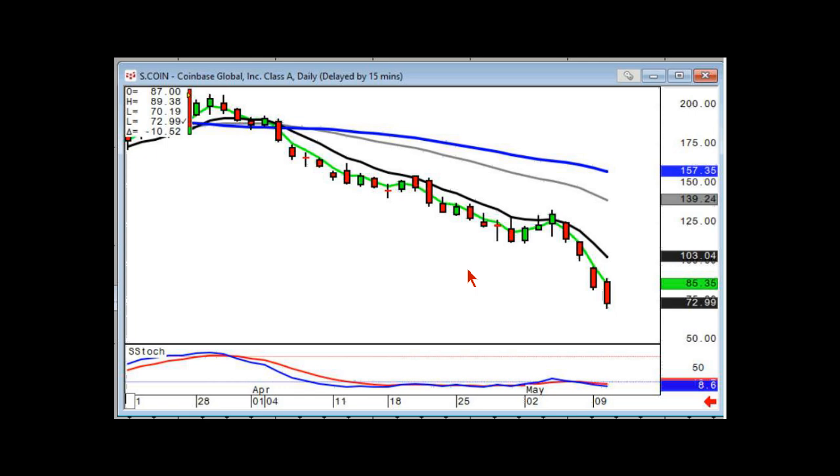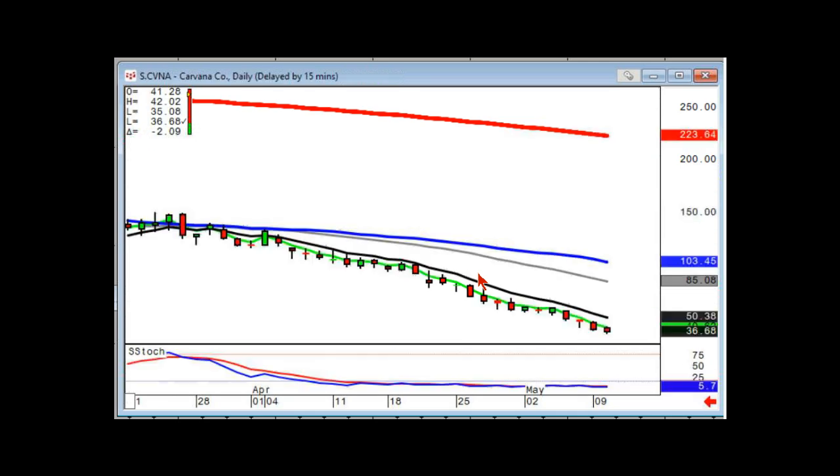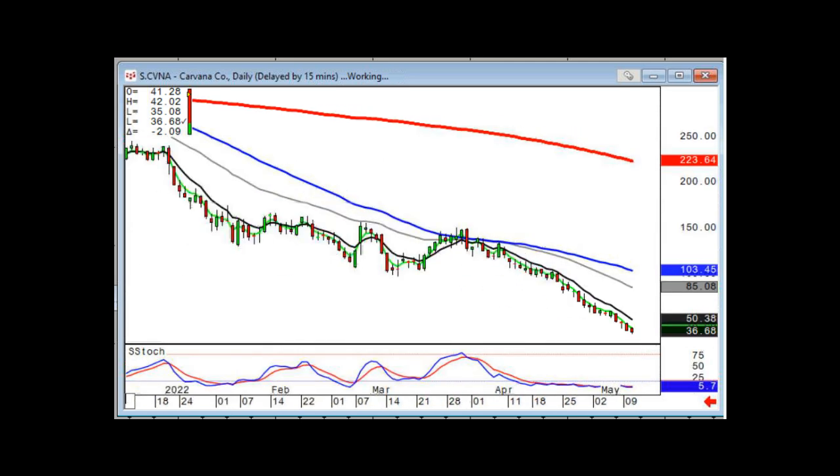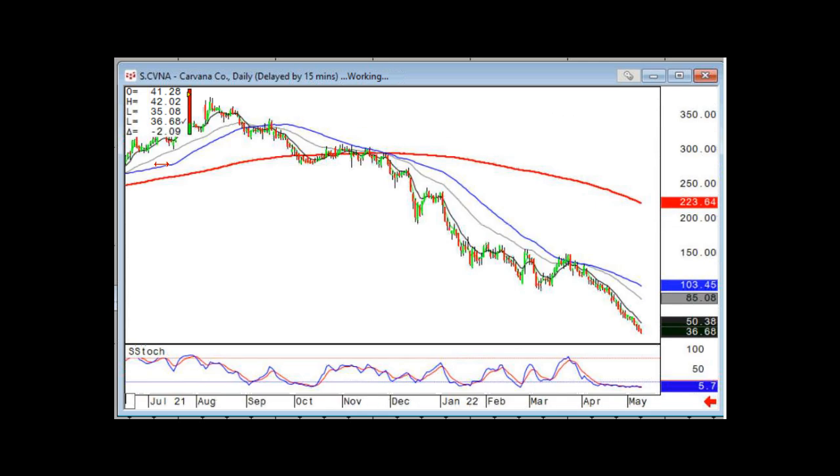So coin, yeah, it was up here at 200 and now it's at 72. Why are they selling off? Have no idea. We don't need to know. So you can see where Carvana came from back in August of last year. 375.